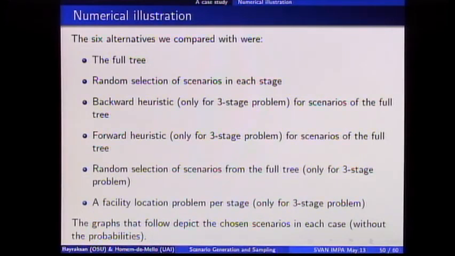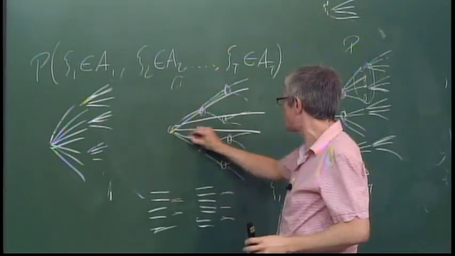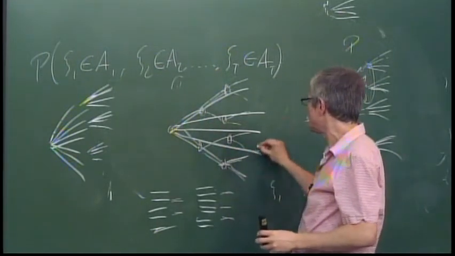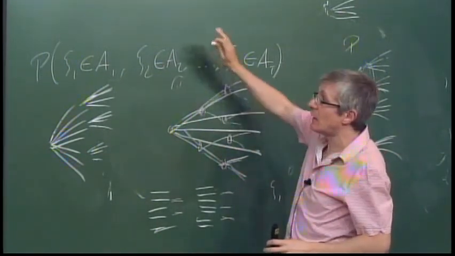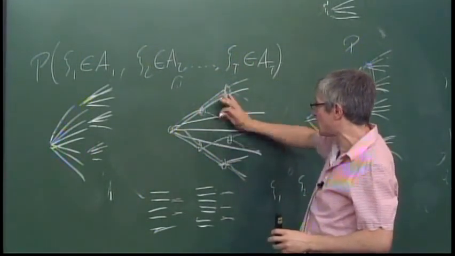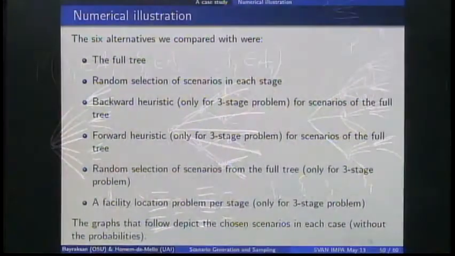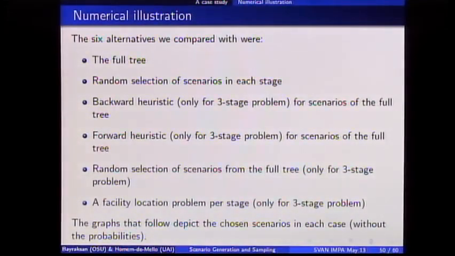So here it is not that forward construction that we saw, but rather saying, okay, I have the scenarios in the whole full tree, all the scenarios in the full tree, and then I apply the backward and the forward heuristics to see which ones represent these scenarios the best, right? Not that forward construction that we saw, because in this case they are independent per stage.